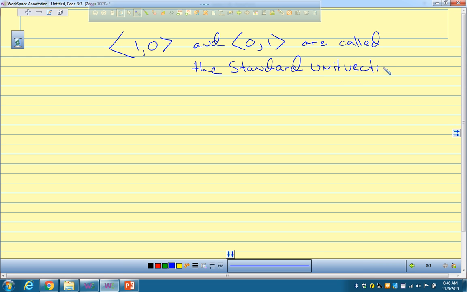Another way to write 1, 0, in another form which they call linear, which we'll talk about in a minute, is i.